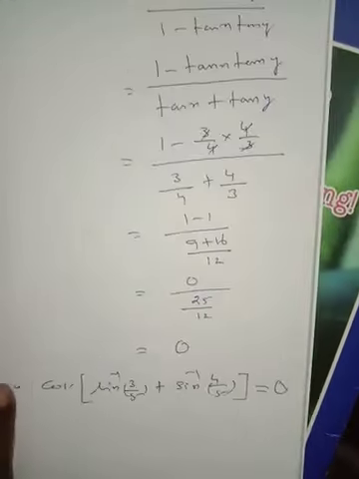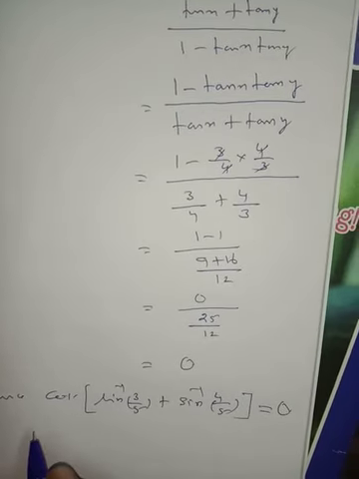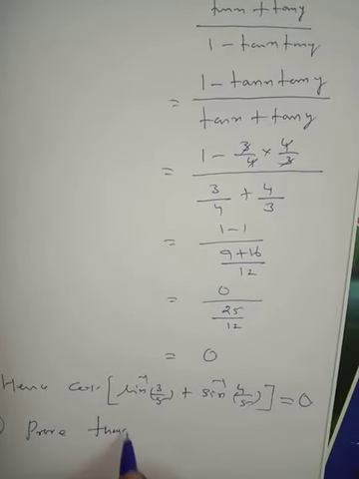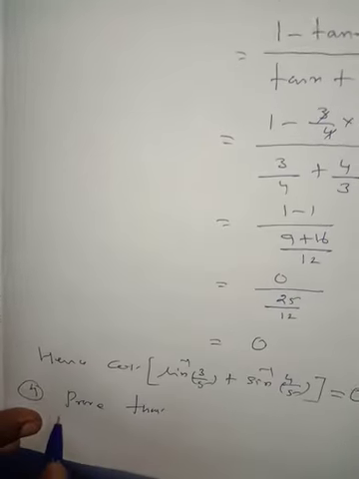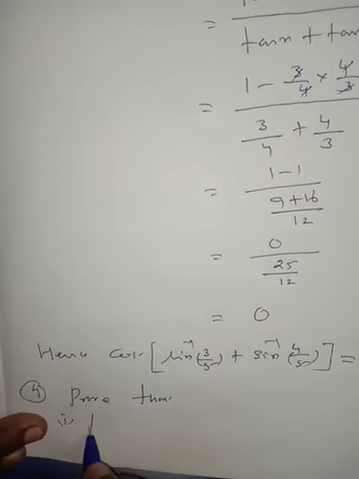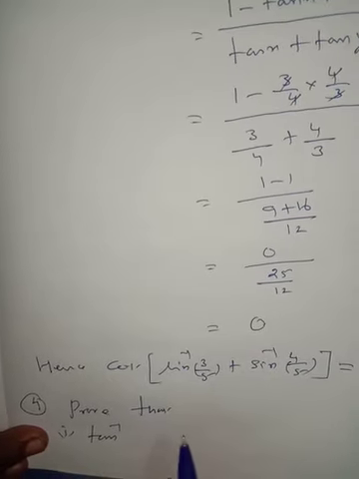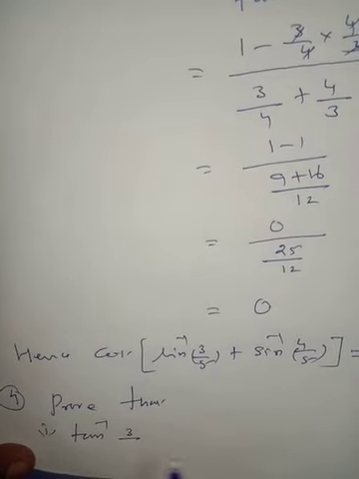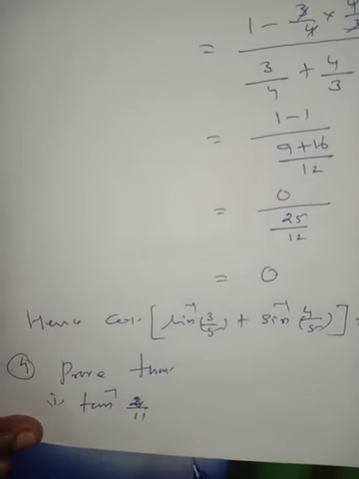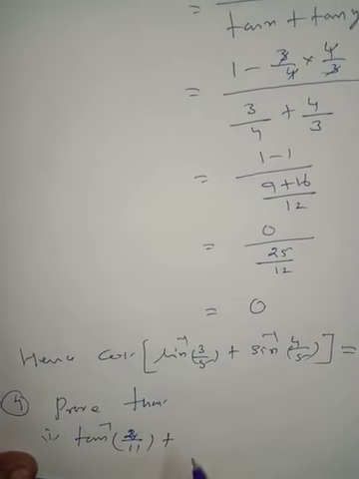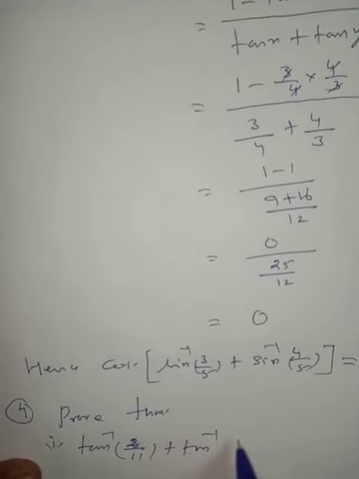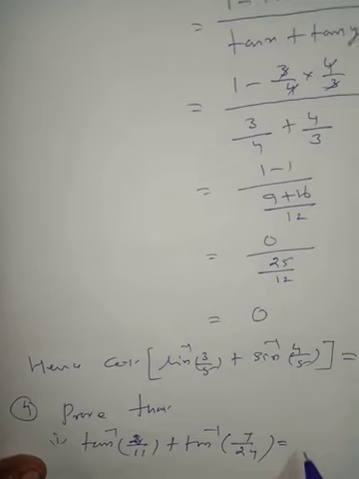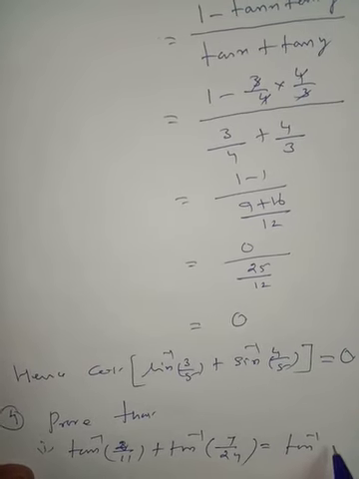Next, question number 4. Prove that tan inverse of 2 by 11 plus tan inverse of 7 by 24 is equal to tan inverse of 1 by 2.